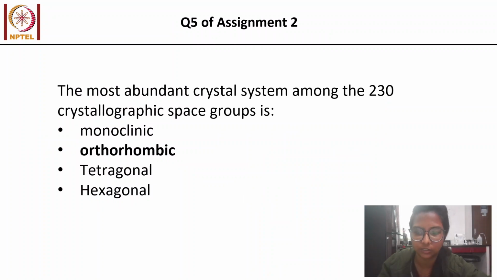So this was the question, where you had some confusion. This was question 5 of assignment 2. So what was the problem actually?